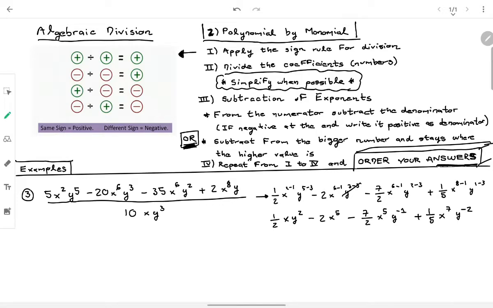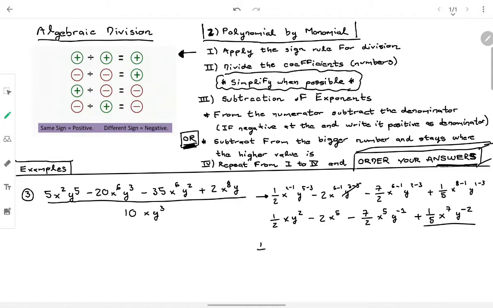So in this case, remember, we will need to order our result, and also we cannot have negative values in powers. So let's see what we need to do. So we can maybe start by ordering it. So we will need to use descending order of powers. So we are going to start with this one, that it's x to the 7.